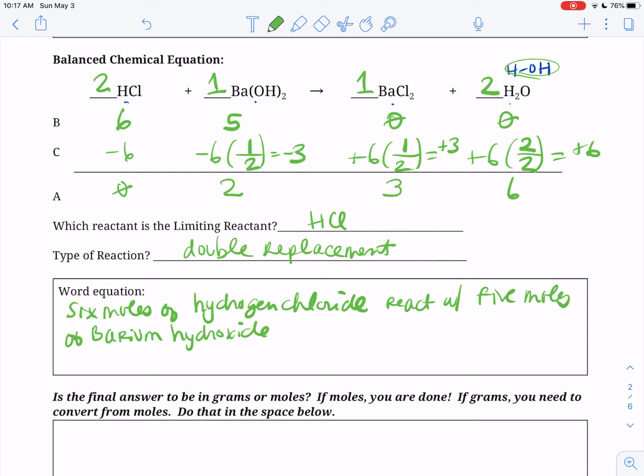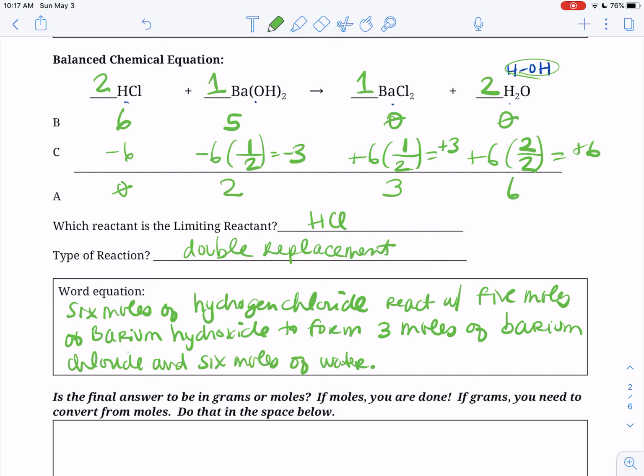None of these need Roman numerals, but you need to check that because a lot of you guys missed that on the quiz. So check to see if it needs a Roman numeral. Well, barium does not because it's in column 2. To form 3 moles of barium chloride and 6 moles of water.